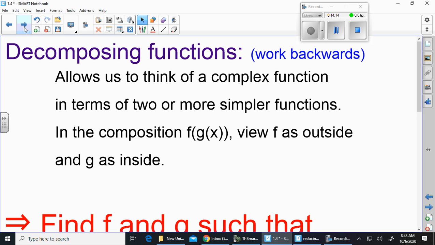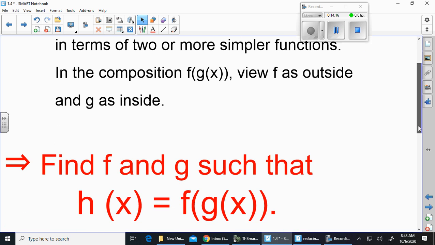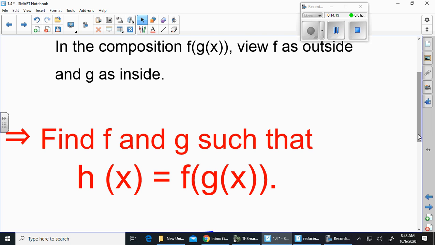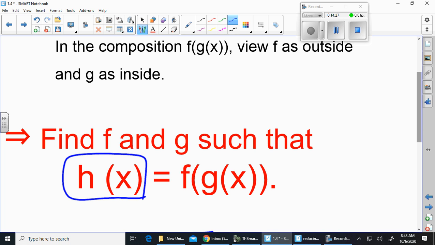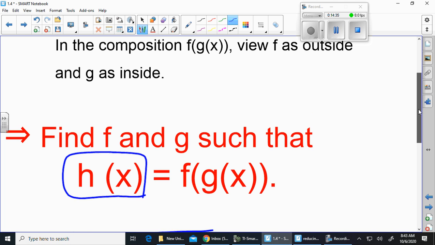So you're trying to think, I need a g that I plug into f to get the answer. So I give you h of x, and I say to you, give me a g and an f that gave you that answer.